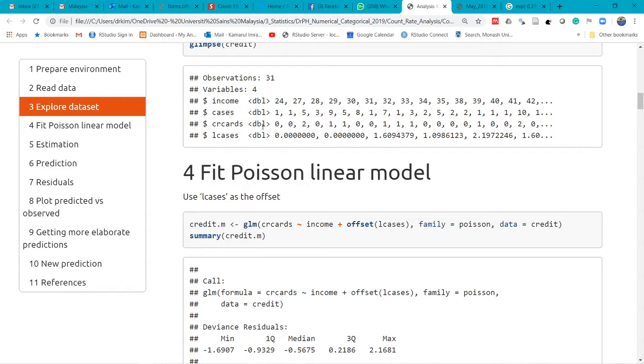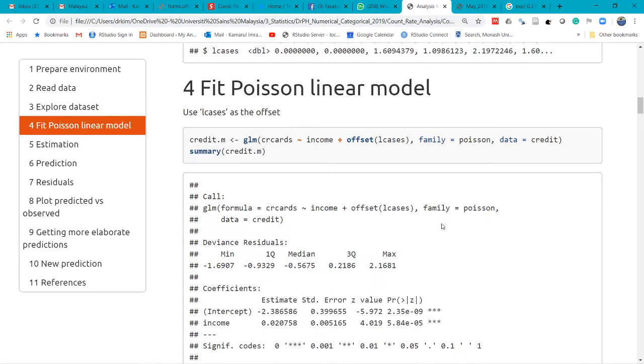You log this, that's why you got 0 and 1, 2, 3, and log of 5 you get 1.6. If you don't have this one, you can always use mutate and take the log. But this dataset comes with that, so it's easy for you.